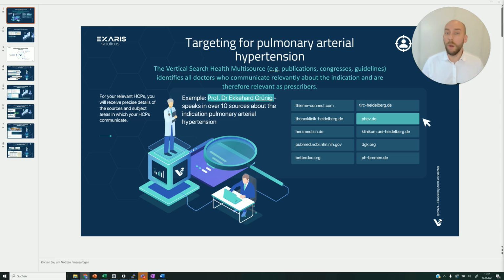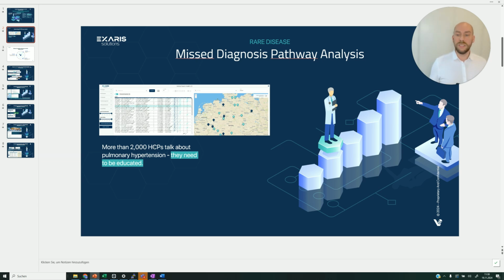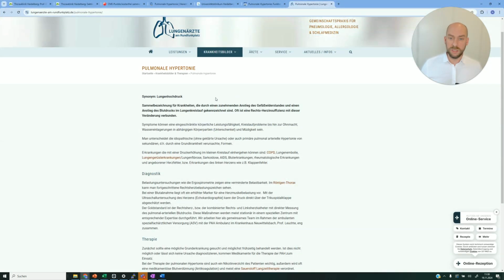The more common disease is pulmonary hypertension. So not pulmonary arterial hypertension, but pulmonary hypertension. This is our demo environment of the vertical search. I made an analysis, and you see that more than 2,000 HCPs talk about pulmonary hypertension. Here is an example of a physician's office where they talk about this indication.